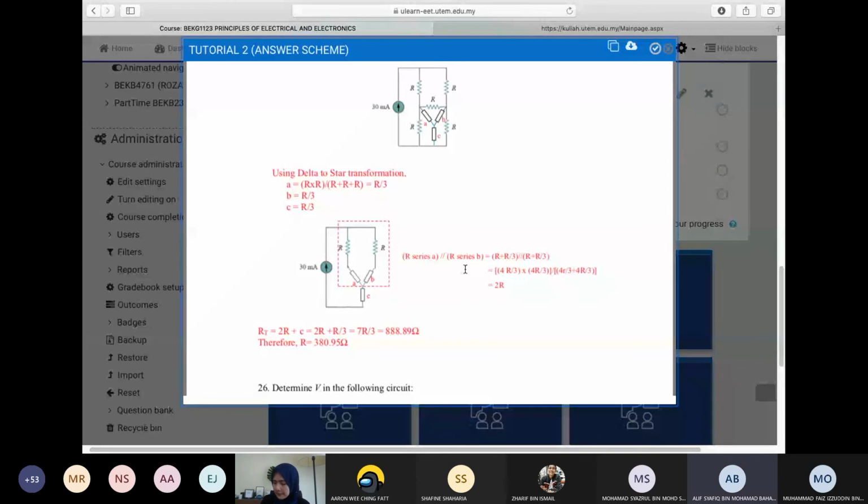Doctor, I just don't understand why when R series A parallel to R series B we get 2R. When I try to calculate, I get 2 over 3R. Yes, you don't get 2R, is it? Yes, I got 2 over 3R.